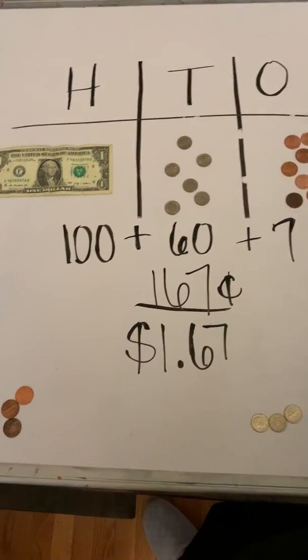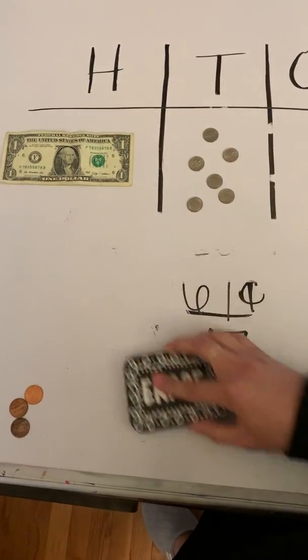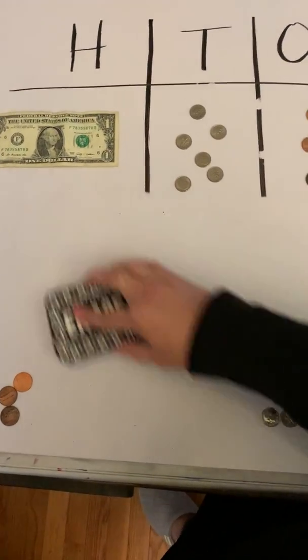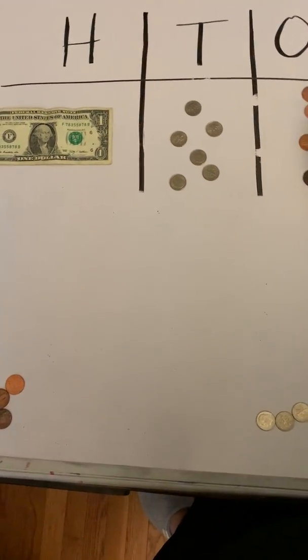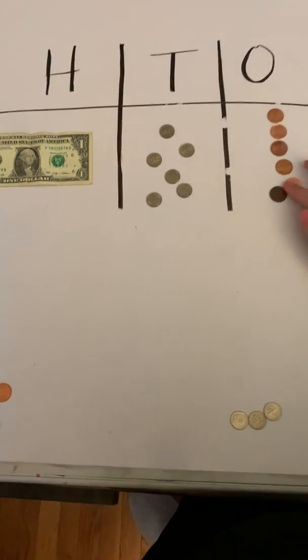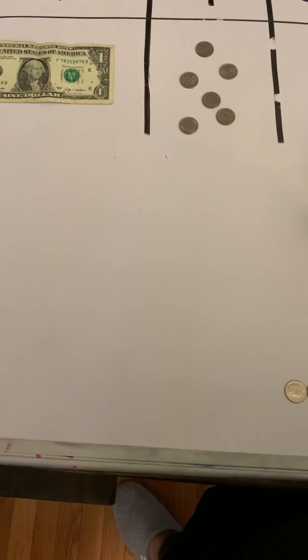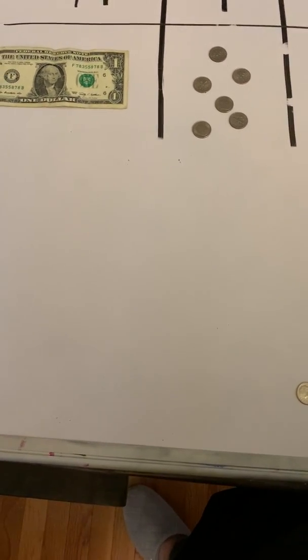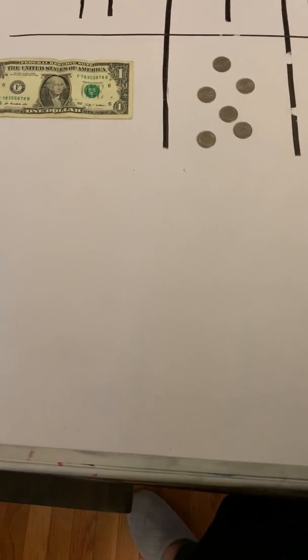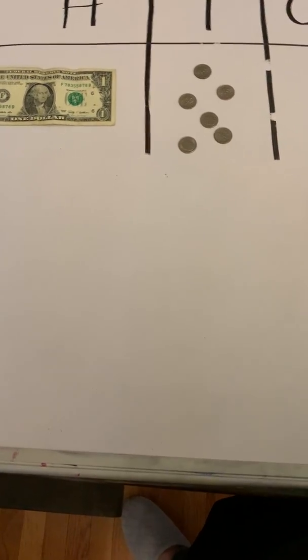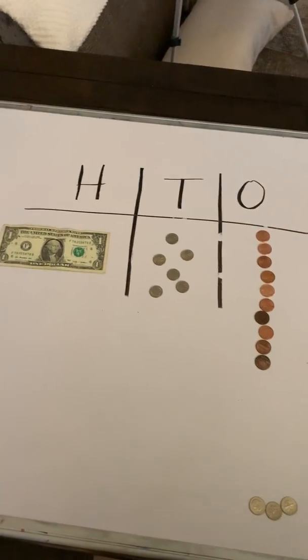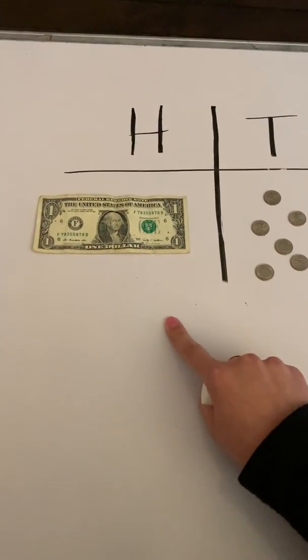Okay, last one. I'm going to make this one harder. This is the bonus. Ready? Let me get it ready. Give me 1 second to get it ready, and then you can do the bonus. Okay. Here's your hundreds place. How many cents?